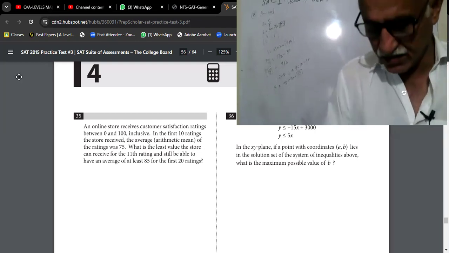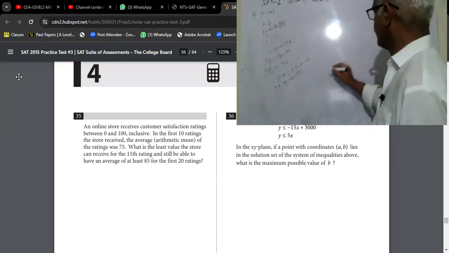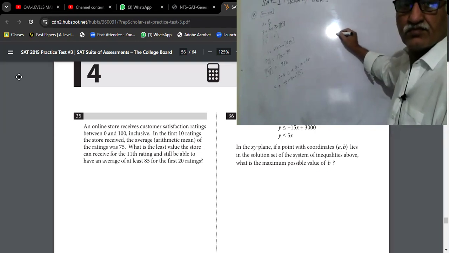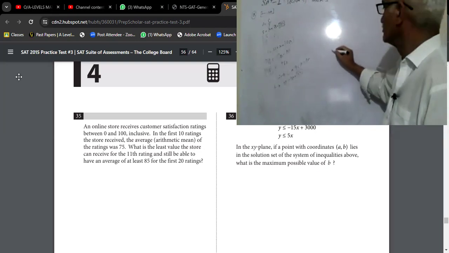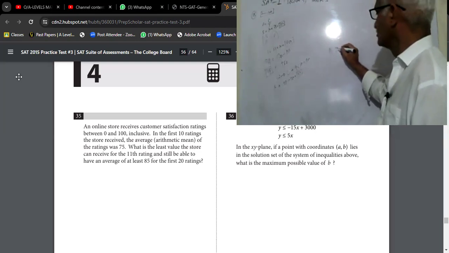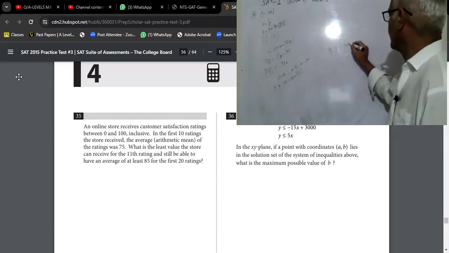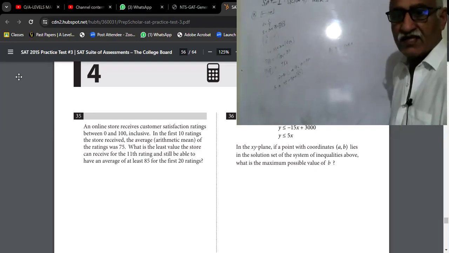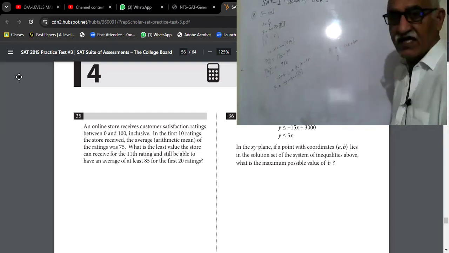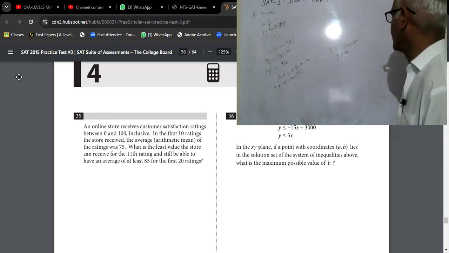Question number 36 now. y is less than or equal to minus 15x plus 3000, and y is again less than or equal to 5x.